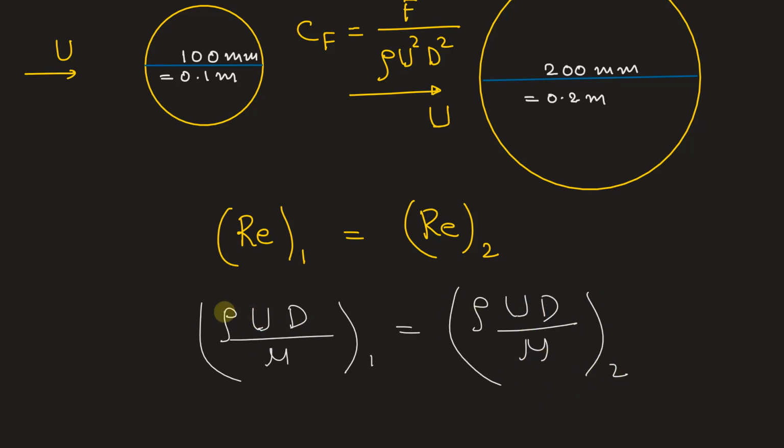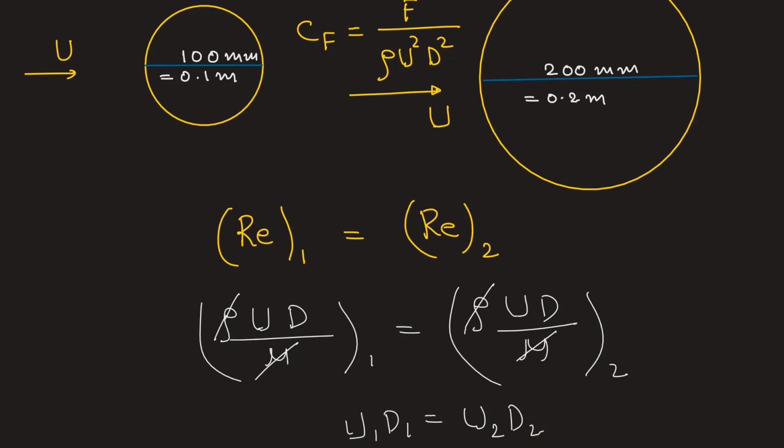Here the fluid remains the same, so the density over sphere 1 will be equal to the density over sphere 2. Same goes with the dynamic viscosity. Therefore from here we can obtain u1 into d1 is equal to u2 into d2. Let's say this is equation number 1.